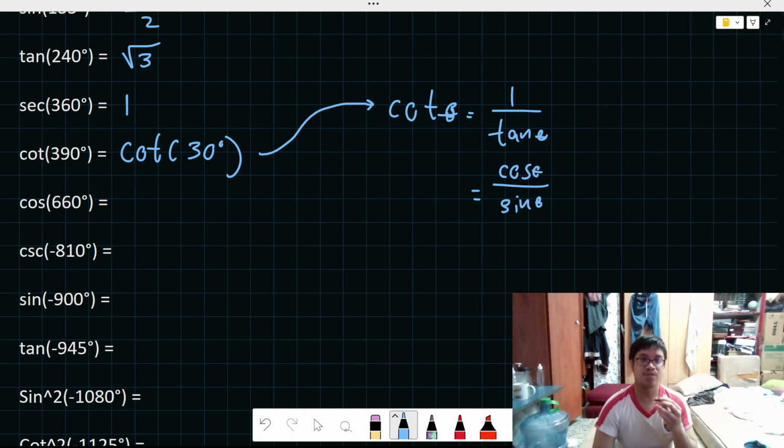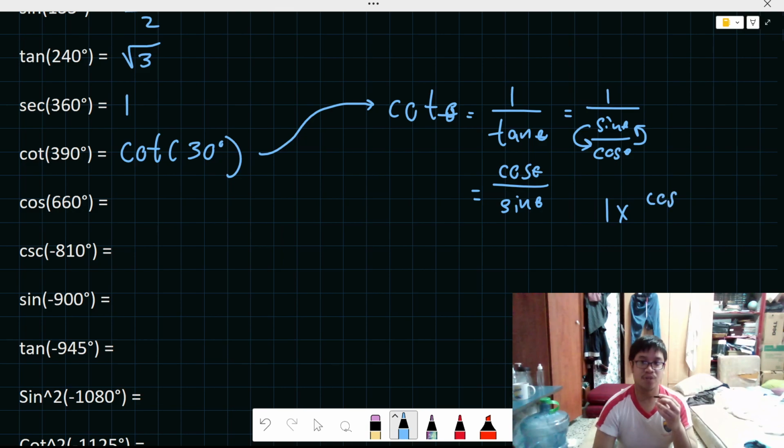Because remember that tangent theta is sine theta all over cosine theta, right? And remember that if you simplify a fraction where at least one side of the fraction has another fraction, you copy the numerator 1 and exchange the position of the fraction in the denominator.